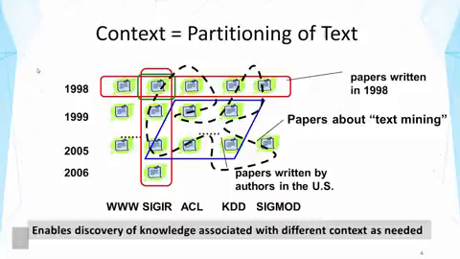And so in general, this enables discovery of knowledge associated with different contexts as needed. And in particular, we can compare different contexts, and this often gives us a lot of useful knowledge. For example, comparing topics over time, we can see trends of topics. And comparing topics in different contexts can also reveal differences about the two contexts.